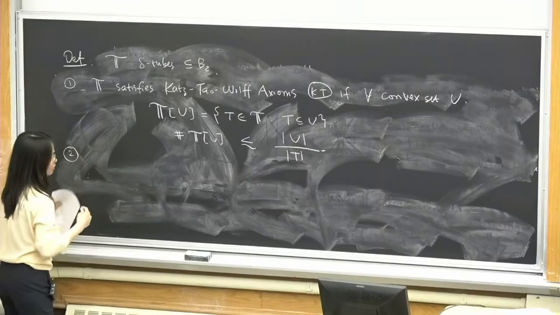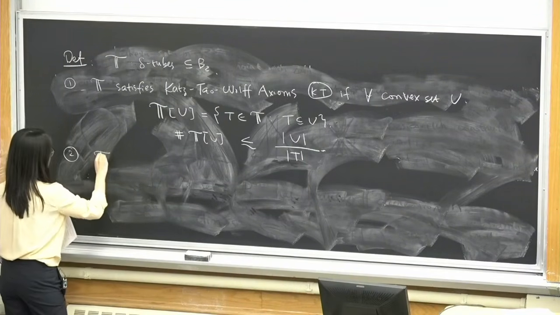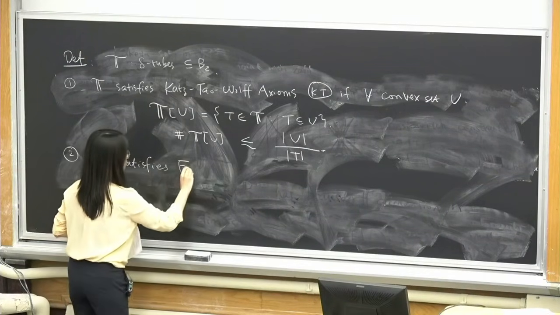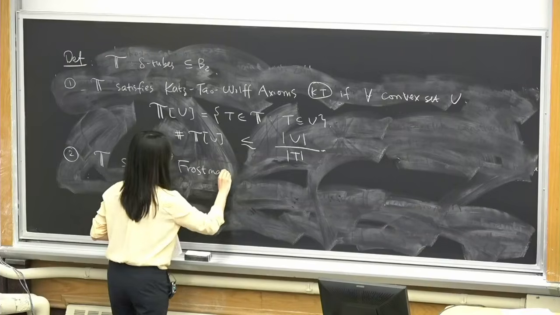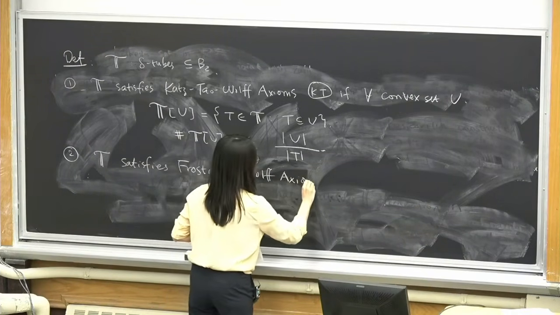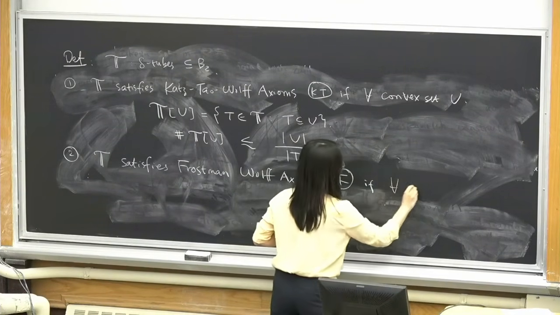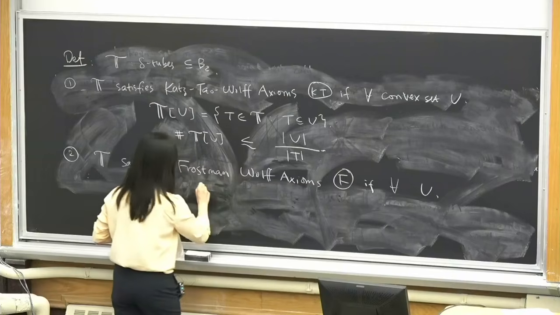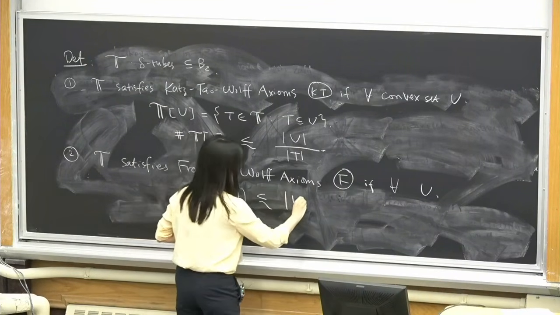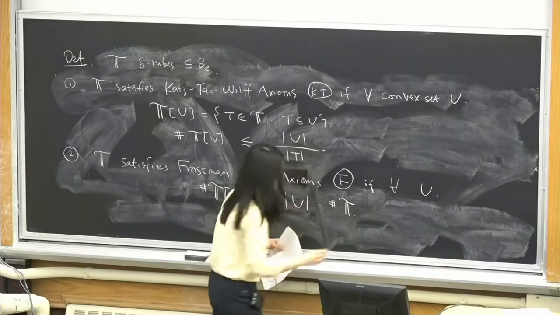And there is a sort of dual definition. We say that T satisfies the Frostman-Wolff axiom if, again, for any convex set U, the number of tubes contained in U is less than the volume of U times the total number of tubes.